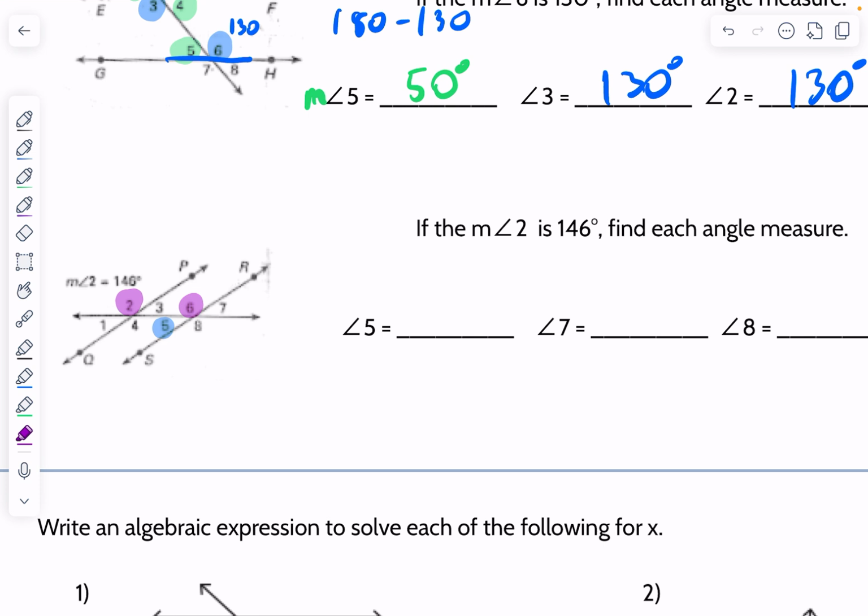So if 2 and 6 are the same, we know that 5 and 6 form this straight line here, and they have to add to 180 degrees. So if the measure of angle 5, x, plus the measure of angle 6, which is 146 degrees, equals 180, x, or angle 5, would equal 34 degrees.